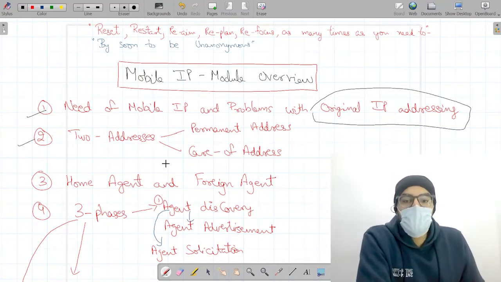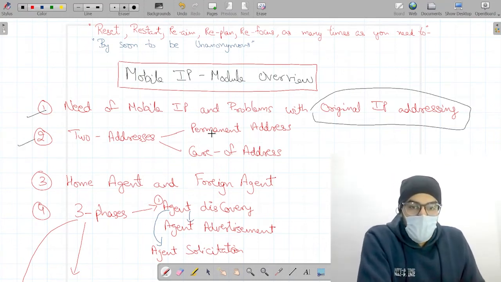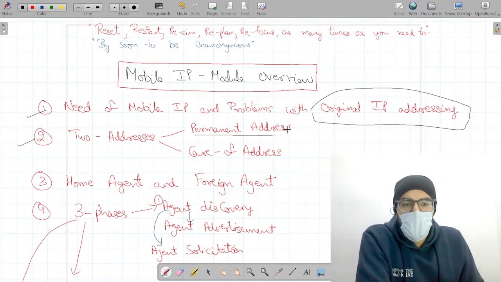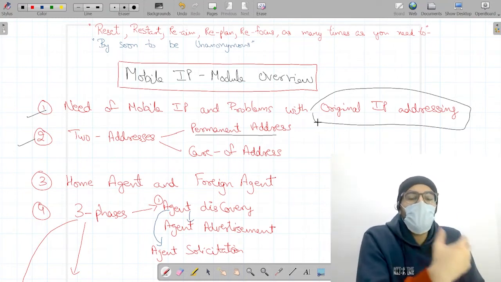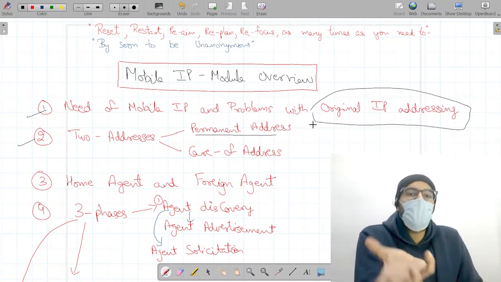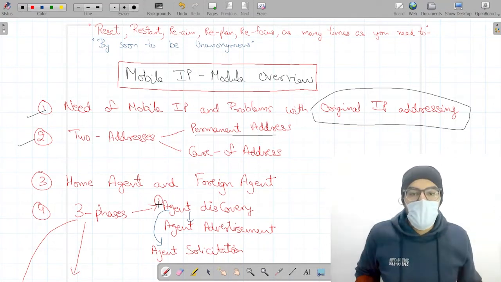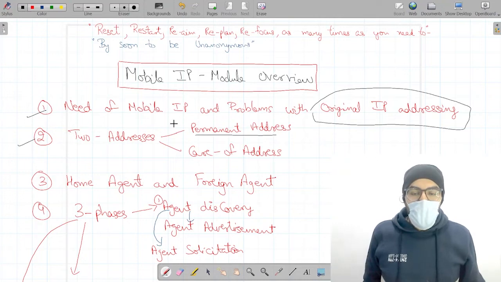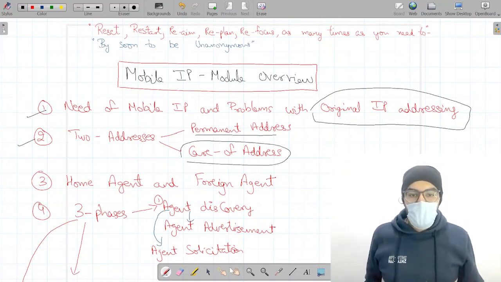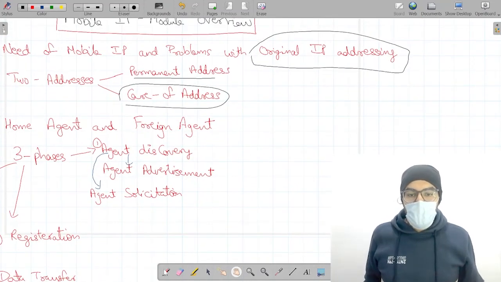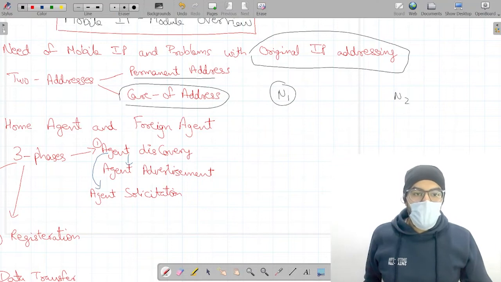Then in our second lecture, we will be talking about what the permanent address is. Permanent address was the one used by the original IP addressing, the traditional IP addressing that we had in the past. Then we'll talk about a new concept, that is care of address. Let's say that this is network 1 and this is network 2.